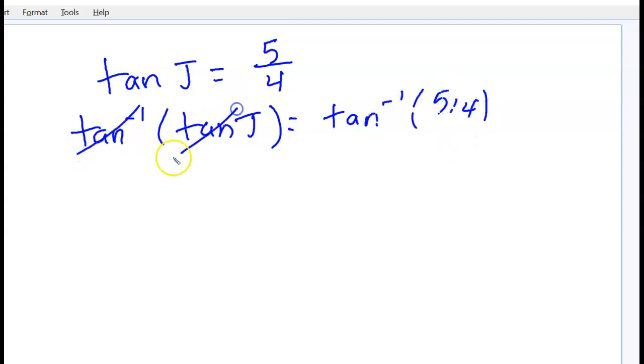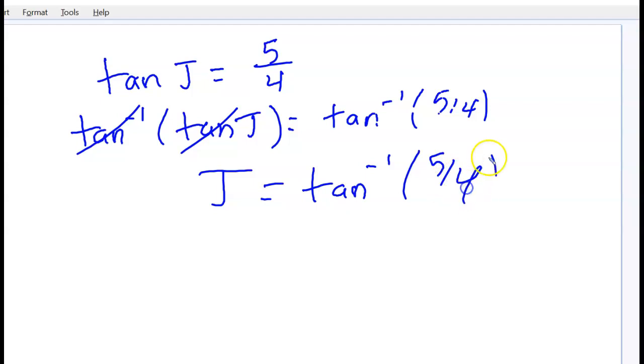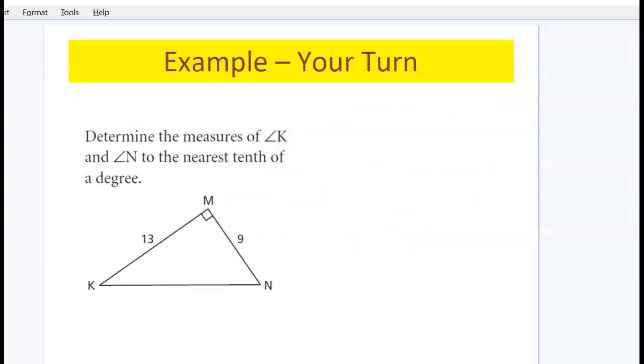And again, tan inverse tan cancels, so angle J is going to be the tan inverse of 5 divided by 4. So J is going to be 51.3 degrees. All right, now I want you to pause the video and try this next example on your own.